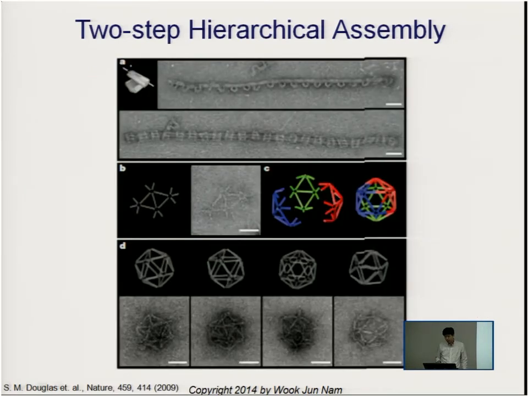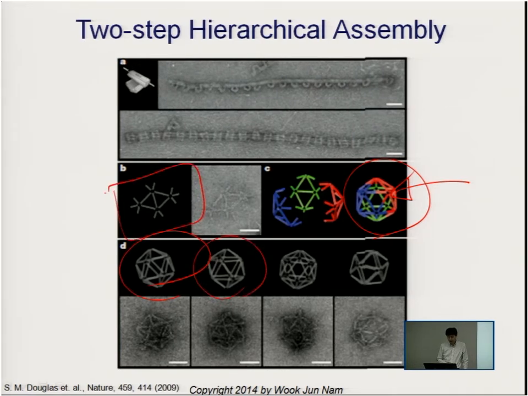So as I showed you in the short videos, people can create these structures as well. Basically, people started with two-dimensional structures, and then using those angles, you can make three-dimensional structures as well.